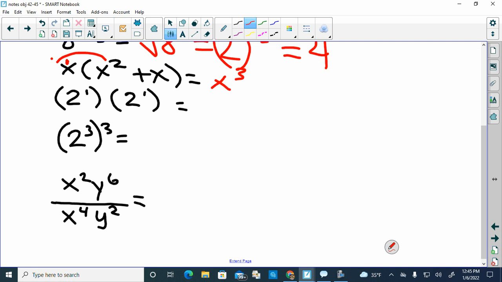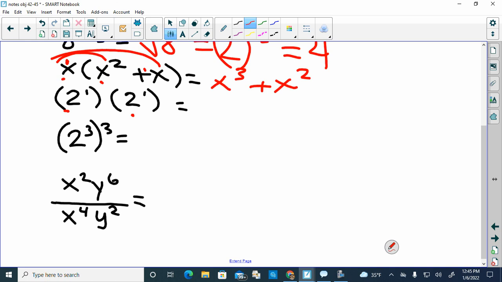Okay, so then when I do that to here, this is an x to the 1, x to the 1, so that becomes x to the second, right? So we don't write a 1 here, we don't write a 1 there, we just know that there's 1s there, just like the previous page. Same thing here: when the bases are the same, you don't do anything with the bases, you just add the exponents.